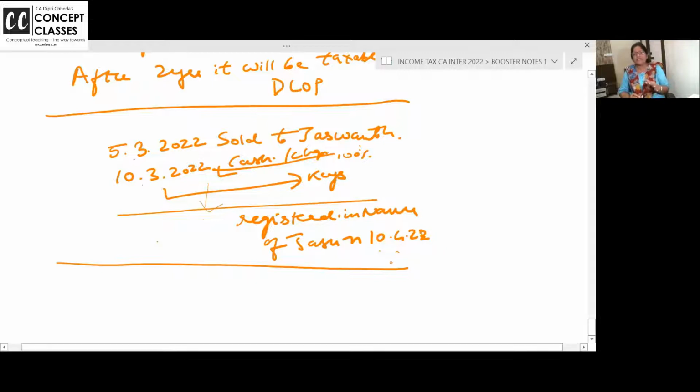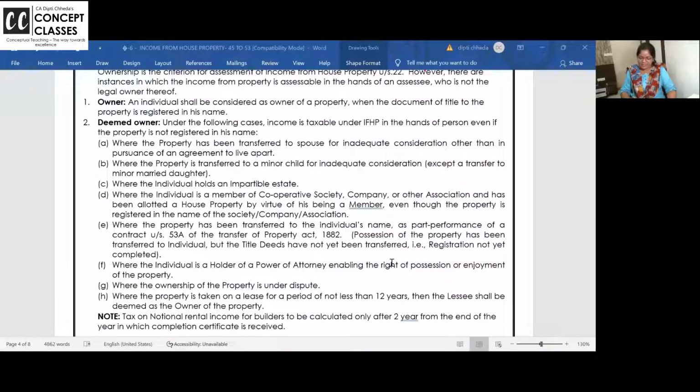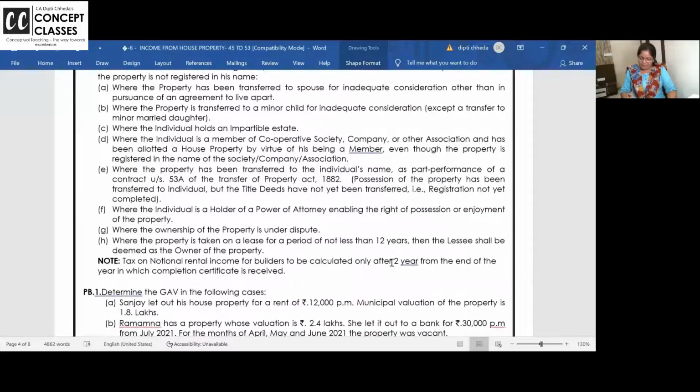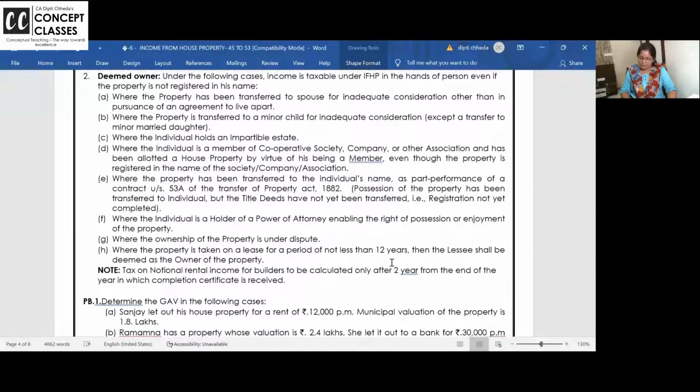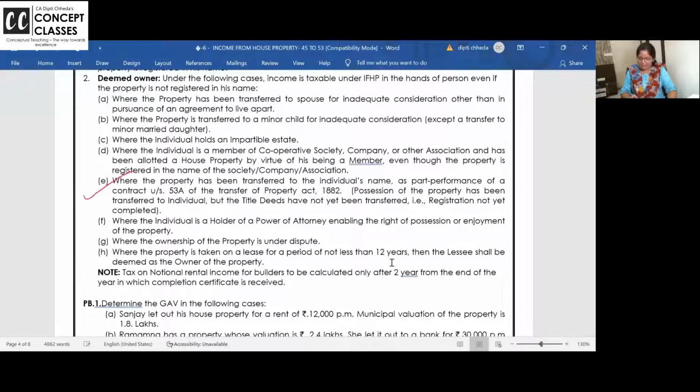Now if I read the theory, who is the deemed owner and how it is going to be taxed. This will come in capital gain also. When tax will be levied on this is also important, so it will be levied before 31st March. Let us read now. This is the example I am saying.